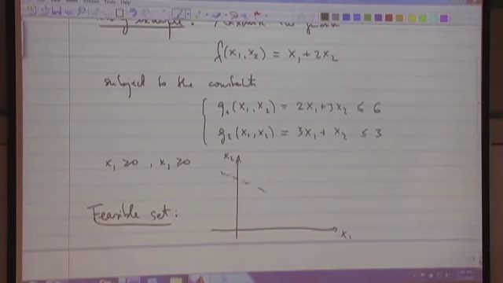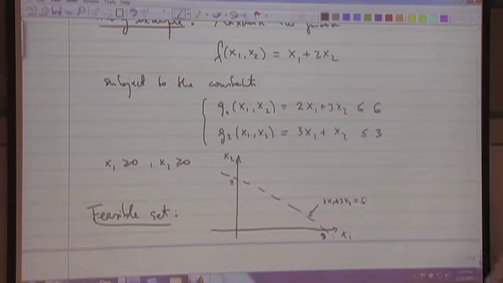You can see this. If I put x2 to 0, then I get x1 to be 3, right? If I put x1 to be 0, I get x2 equals 2, right? So that's 2x1 plus 3x2 equals 6.